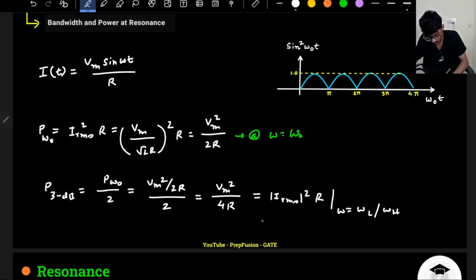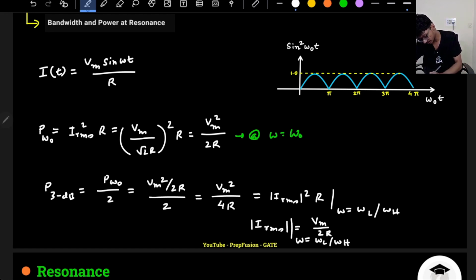From here I can find out the Irms. Current is a function of frequency, either at omega L or omega H. This will be simply Vm by 2R. And what was my initial RMS current?